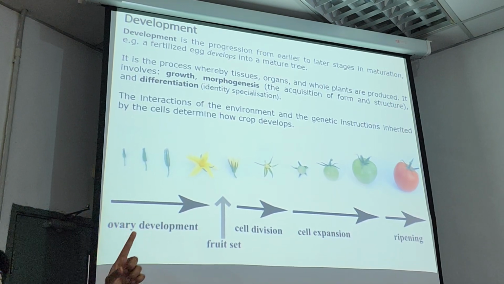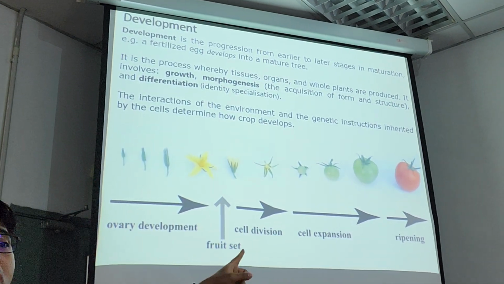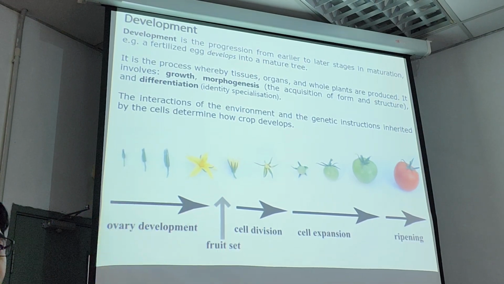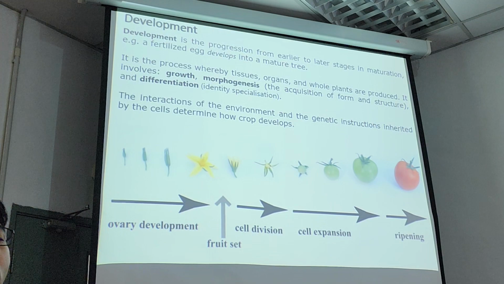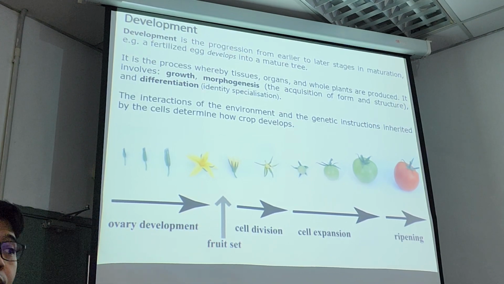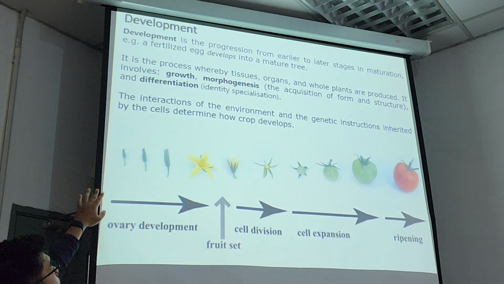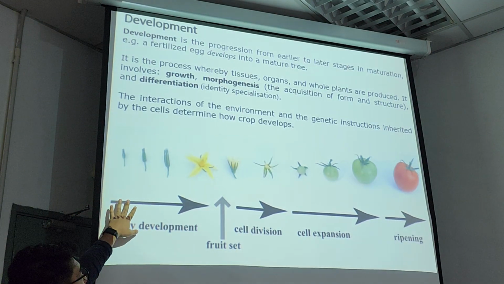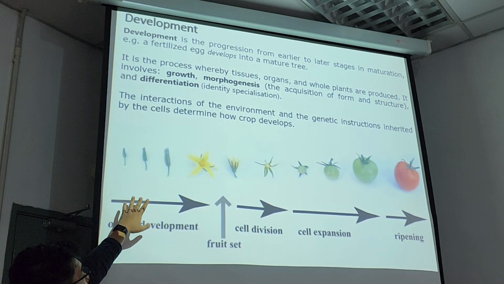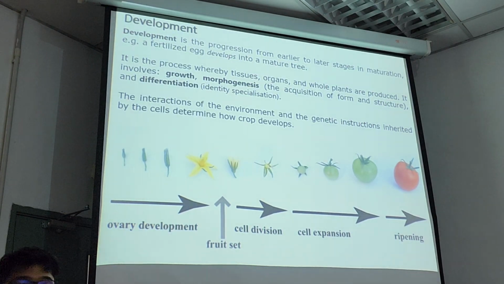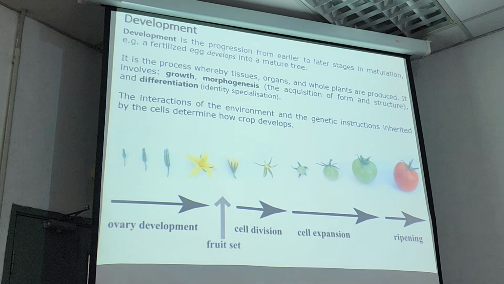Remember, ovary gives rise to fruit. Ovule gives rise to seeds. Ovary, fruits. Ovule, seeds. Right. So ovary, it gets fertilized when the flower has reached anthesis.